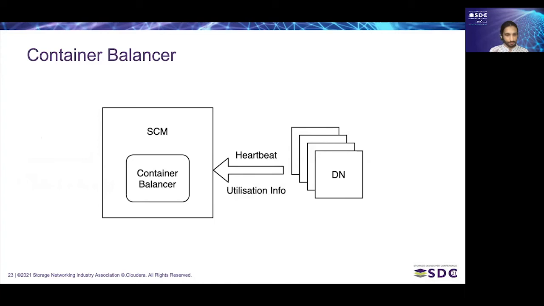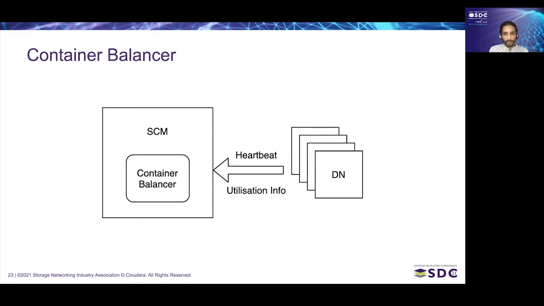There is a chance that new data nodes are added in the cluster, or data is deleted, and it may happen that the deleted data is more concentrated on some data nodes, leading to an imbalance in the amount of data stored in the data nodes. So in such a scenario, there is a need for a balancer service. In Ozone, the container balancer service is part of SCM.